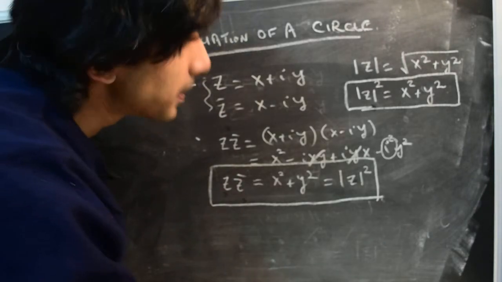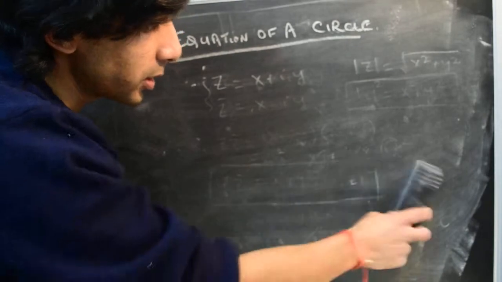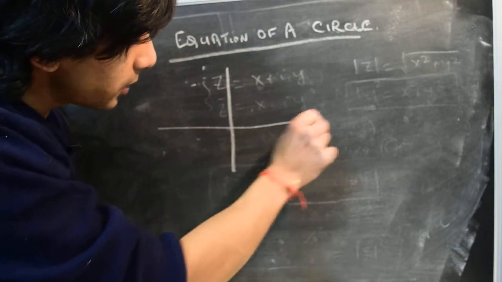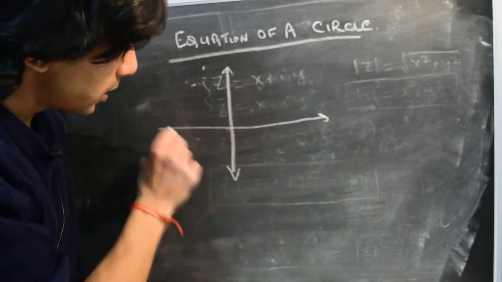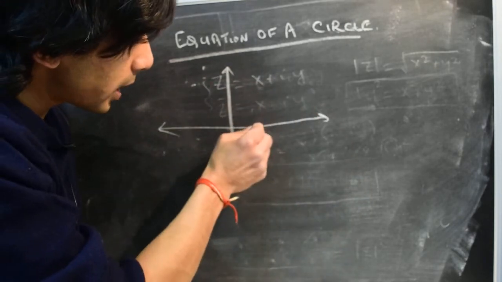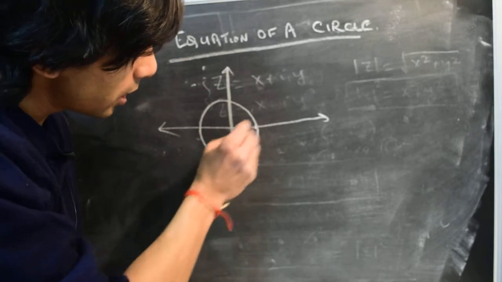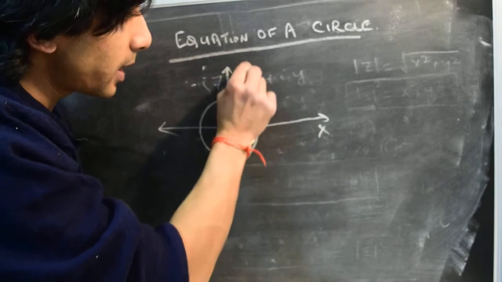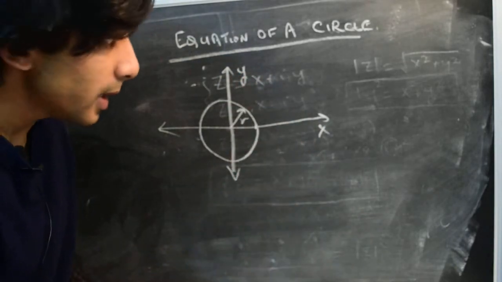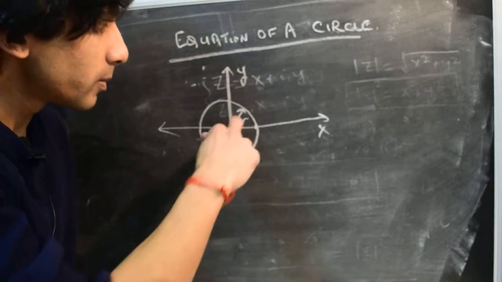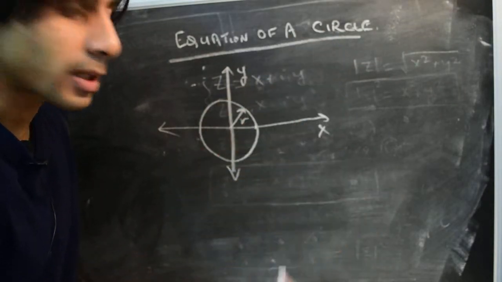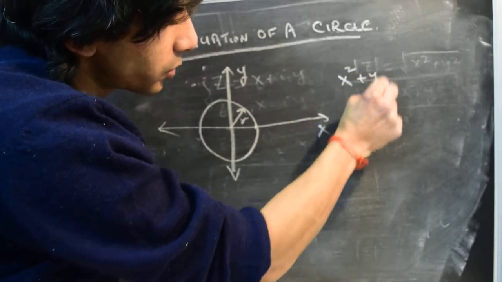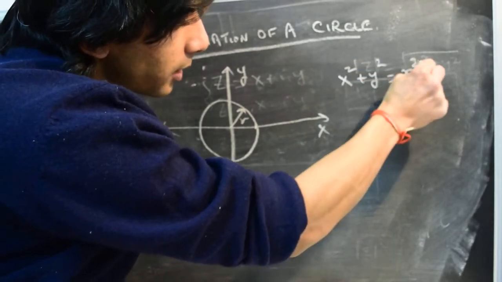Okay, so now let's see what the equation for a circle is in the complex plane, or in terms of complex variables. Given this two-dimensional plane, let's say we have a circle centered at the origin of radius r. Let's label the real axis as x and the real variable along the imaginary axis as y. Then the equation for a circle, if you recall, is x square plus y square is equal to r square.